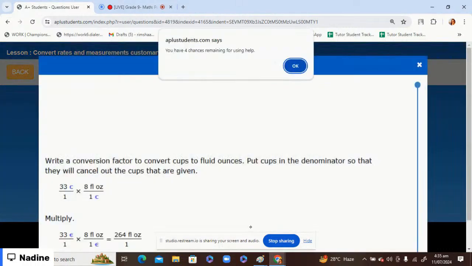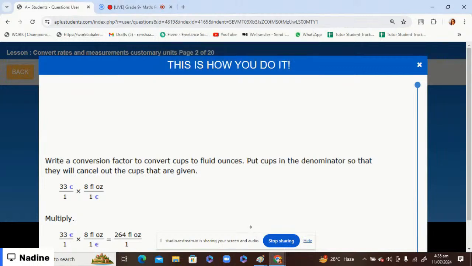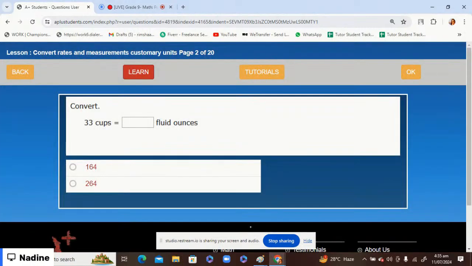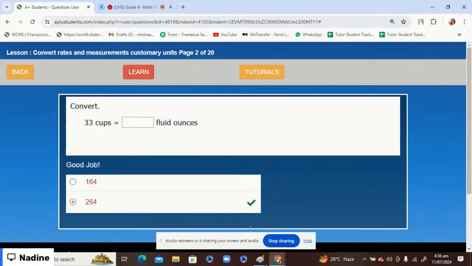Now for this one, you're multiplying with 8, cups to ounces. So you just simply multiply 33 with 8 and then you get the answer 264.